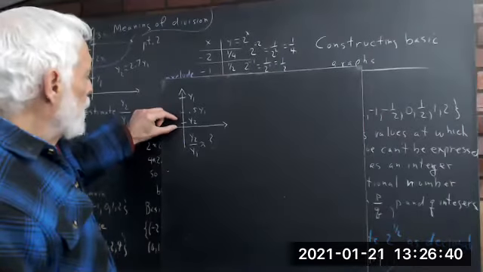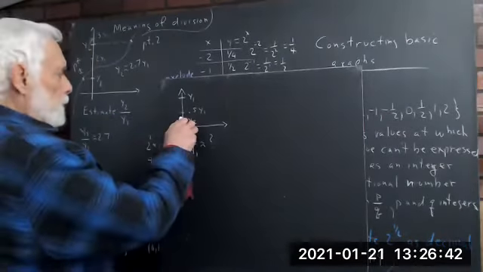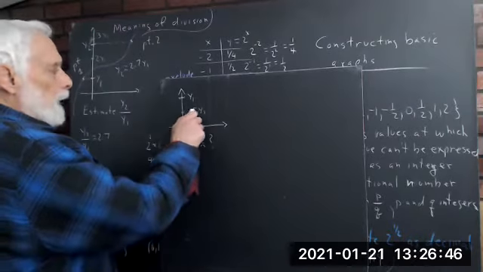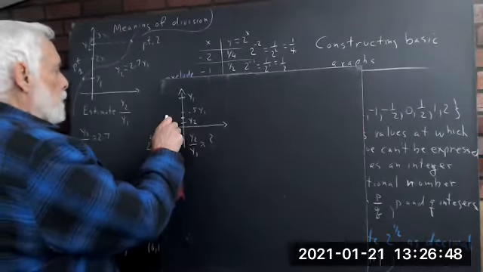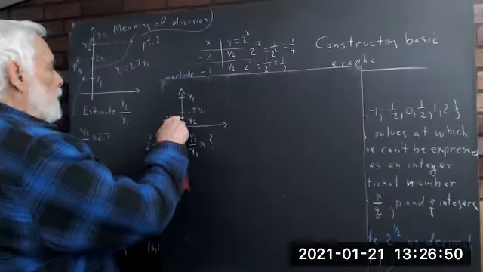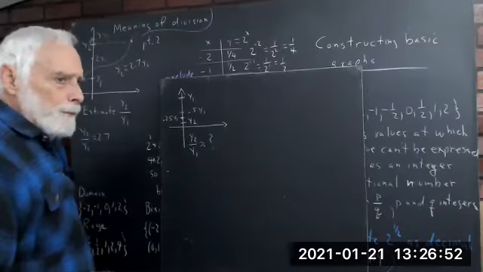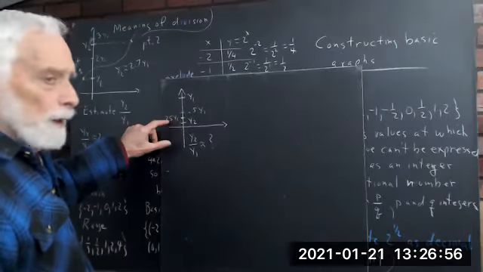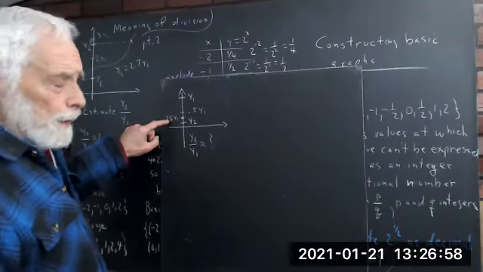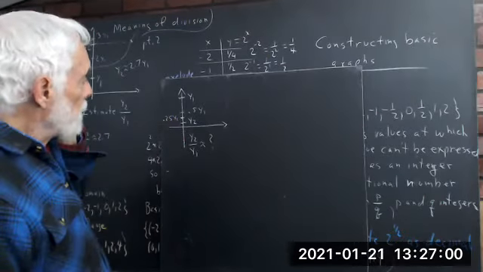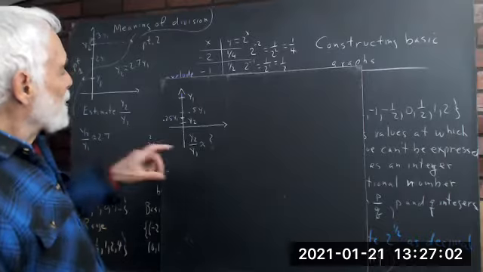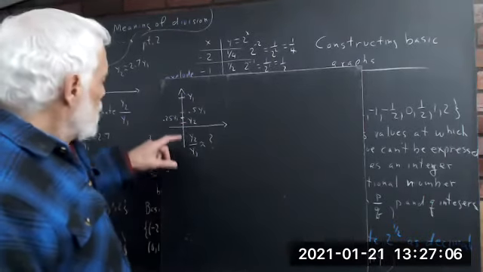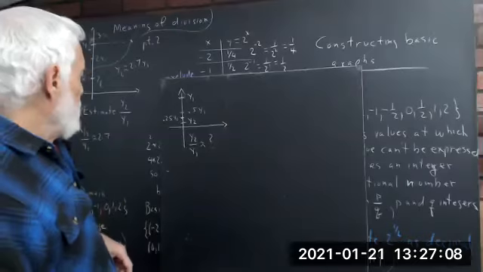Then if I subdivide that into two subintervals, that's going to be half of a half. That's a quarter, or 0.25 y1. And then this down here looks like a little less than a half of 0.25 y1. So half of 0.25 is 0.125. So y1's a little less than that.